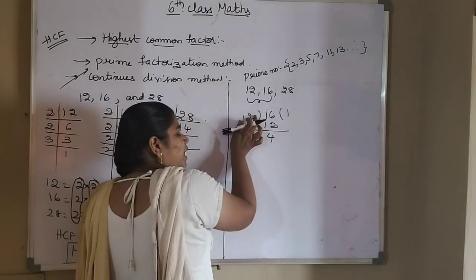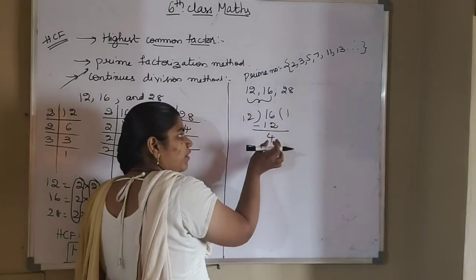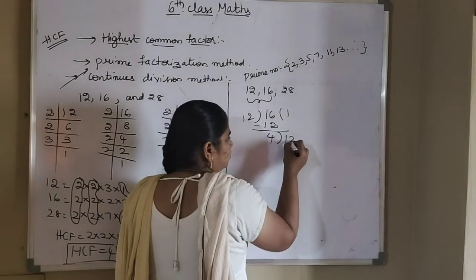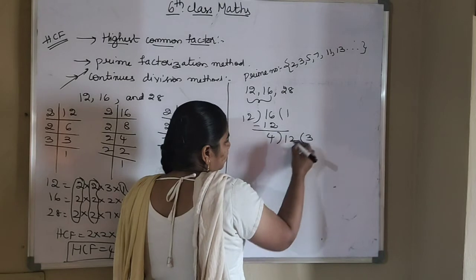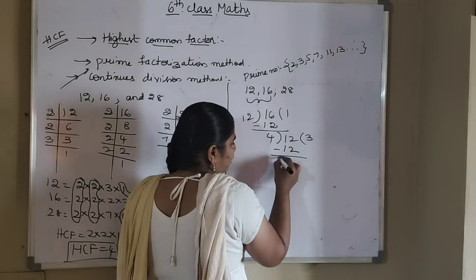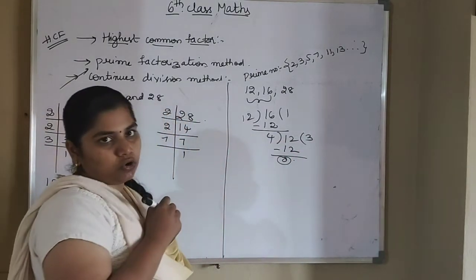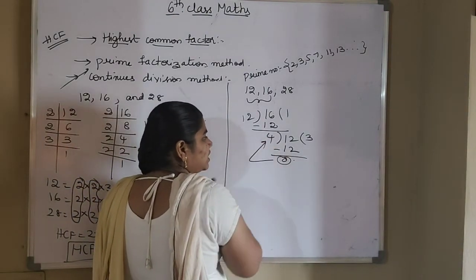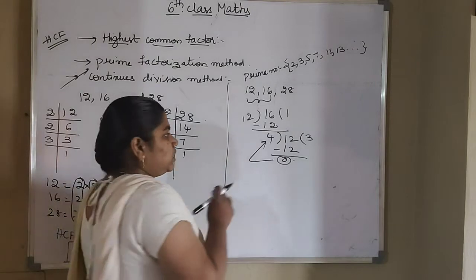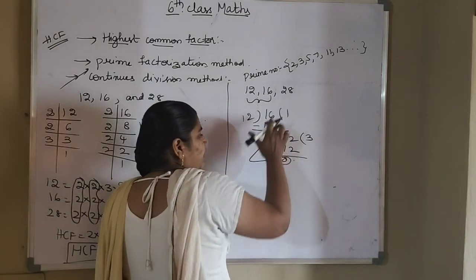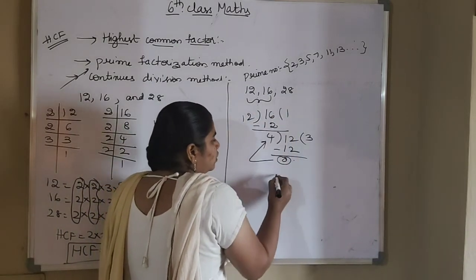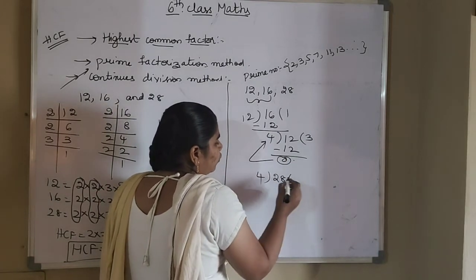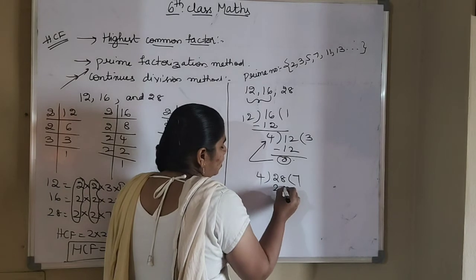Now this divisor value we have to divide with the remainder value. So that will be like this. 4 3s are 12. So if you subtract, you get the remainder as 0. After getting the remainder as 0, what is the divisor value? 4. So with this 4, we have to divide this 28. 28 divided by 4. 4 how many times? 4 7s are 28.